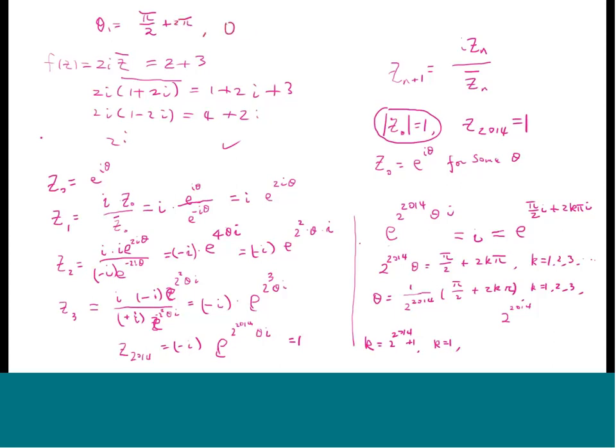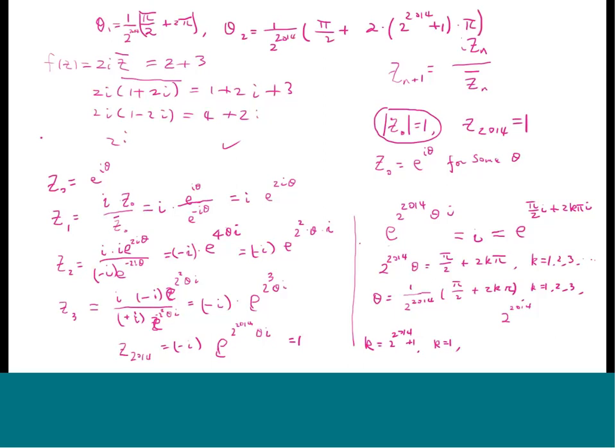Then theta 2 is given by: theta 1 has the denominator 2 to the 1, so theta 1 equals that. Theta 2 equals 2 to the 2014, then with K equals that, pi over 2 plus 2 times K is 2 to the 2014 plus 1, then plus pi.